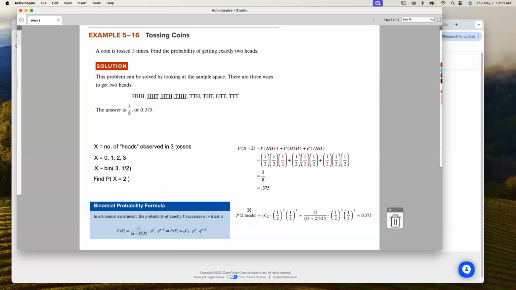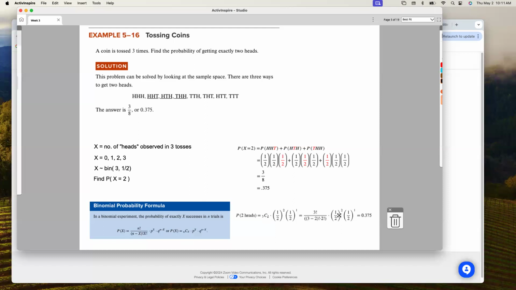So there is a general formula for binomial probabilities, and this gives us the combination right here. This is just the expanded form, and I'll show you again. We want to always use this on the calculator. But notice all these probabilities are the same, right? 1/2 times 1/2 times 1/2.